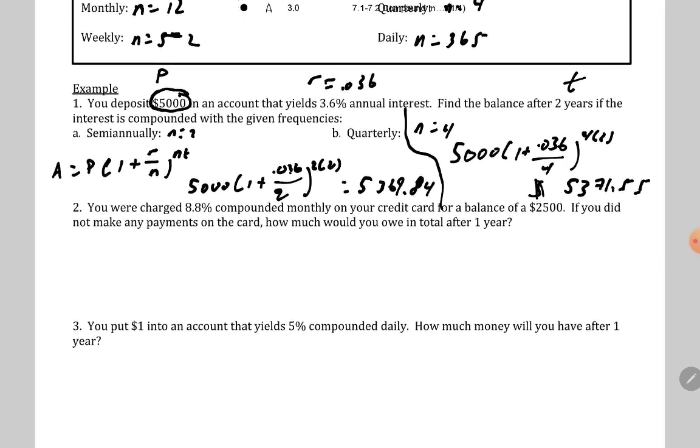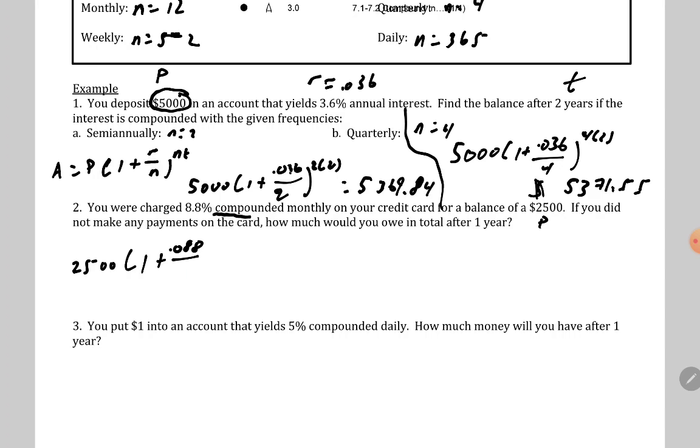Let's try a different one. You were charged 8.8% compounded monthly on your credit card for a balance of $2,500. So you charged $2,500 worth of stuff on your credit card, and now they're charging you a rate of 8.8%, so that's 0.088. If you did not make any payments, how much would you owe in total after 1 year?